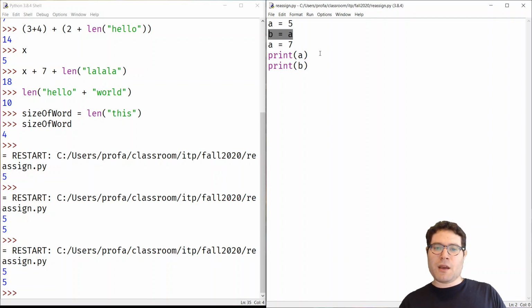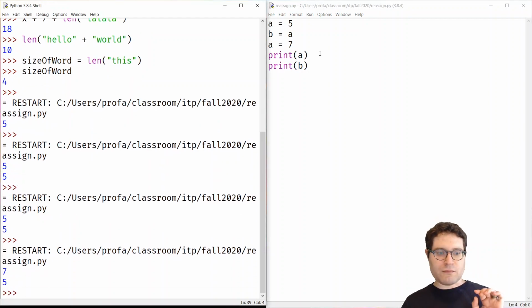A is equal to 7 and B is equal to A, so now B is 7? But that's not the way it works, right? 5 gets stored in A, gets evaluated to 5, that gets stored in B. 7 gets evaluated and stored in A. So we have 5 stored in B and 7 stored in A. So we get 7 and 5.